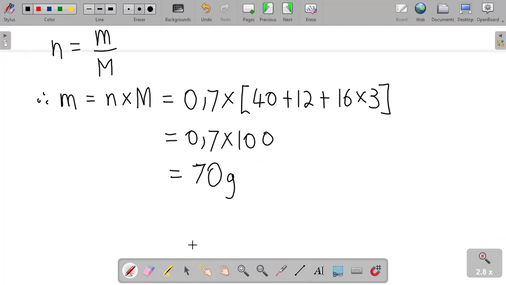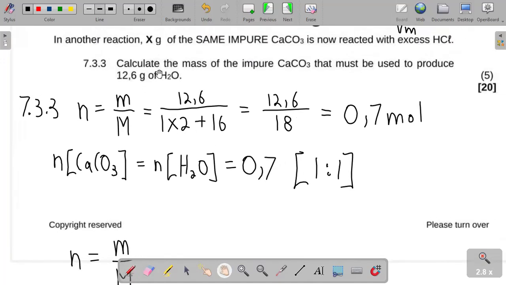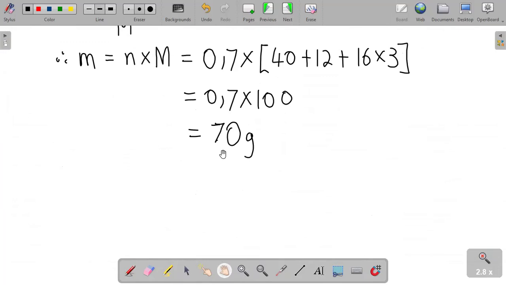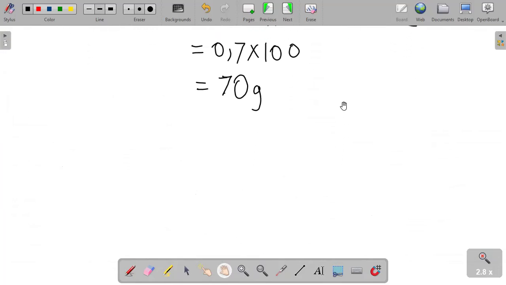And then it gives me 70 grams. But the question is asking something else. The question is asking for the mass of the impure sample, isn't it? They're saying, calculate the mass of the impure calcium carbonate that must be used to produce 12.6 grams of H2O. It means that the pure mass in this case is 70.